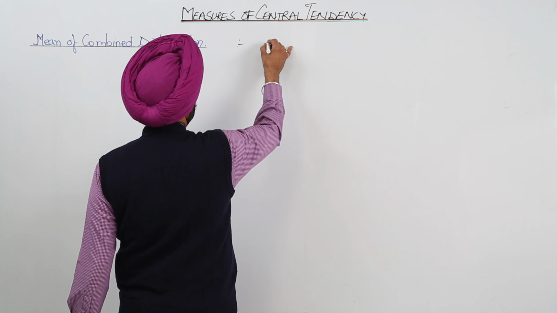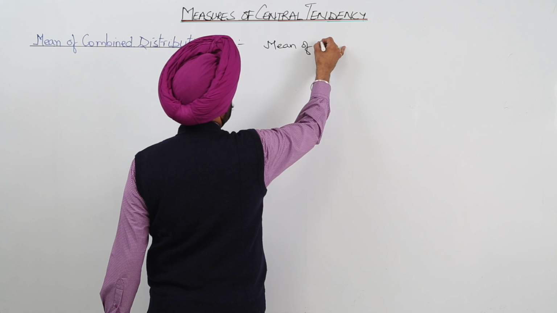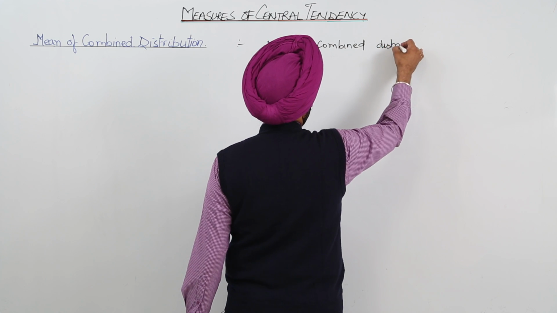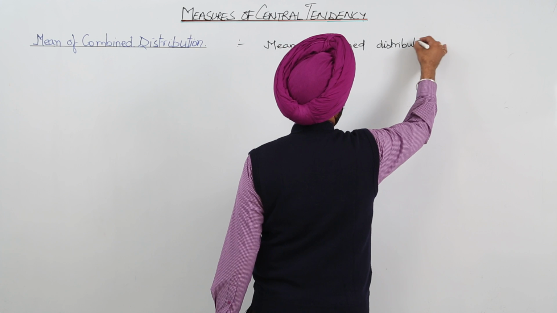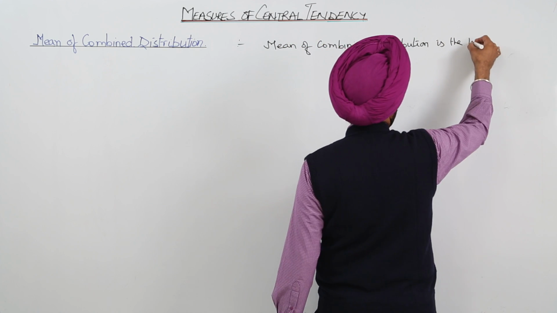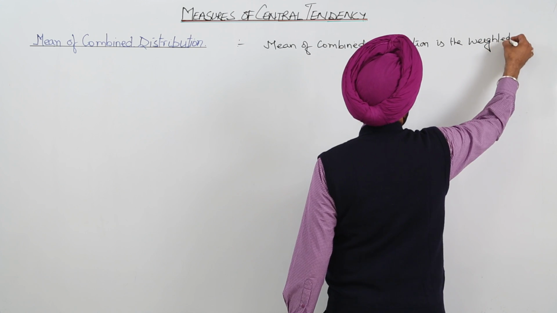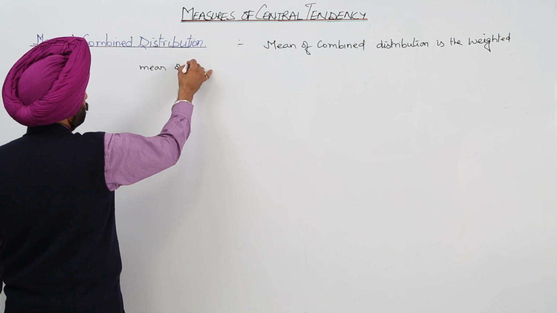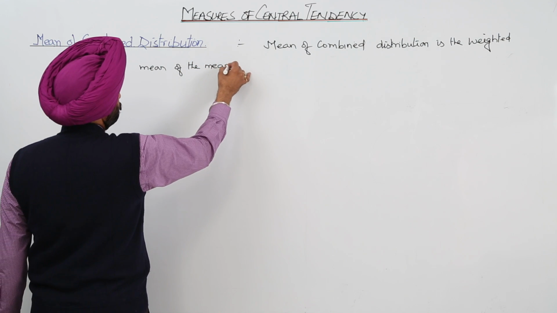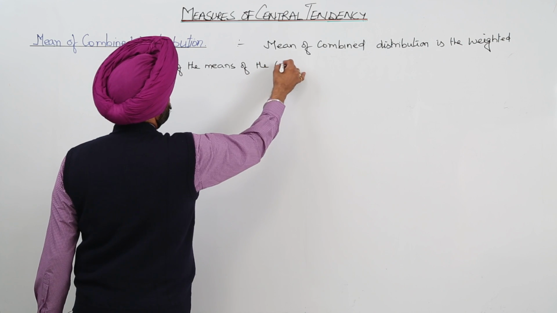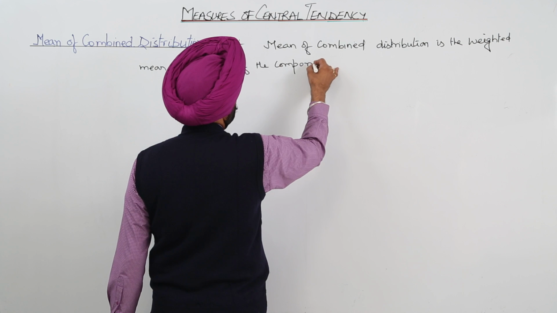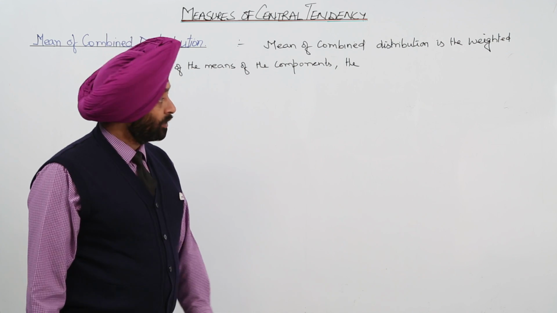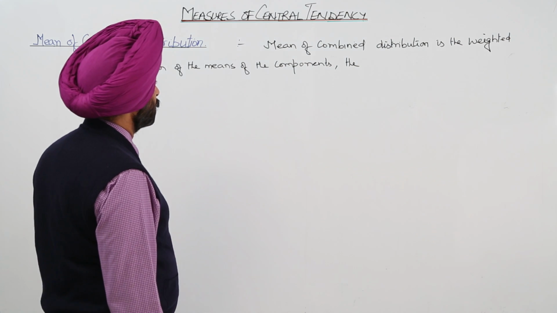Now, mean of combined distribution is the weighted mean of the means of the components.